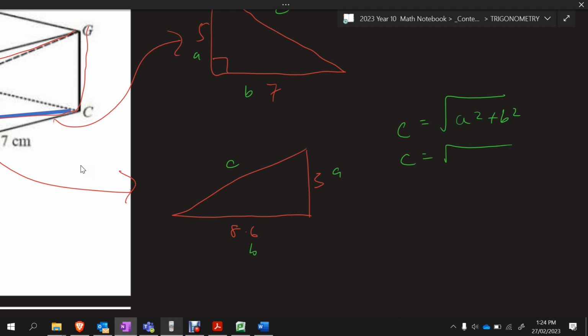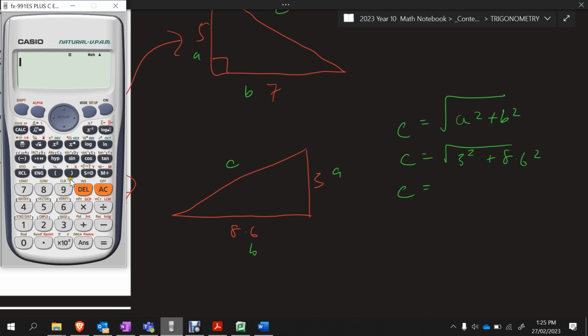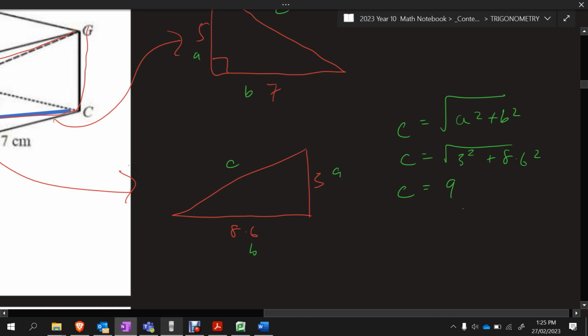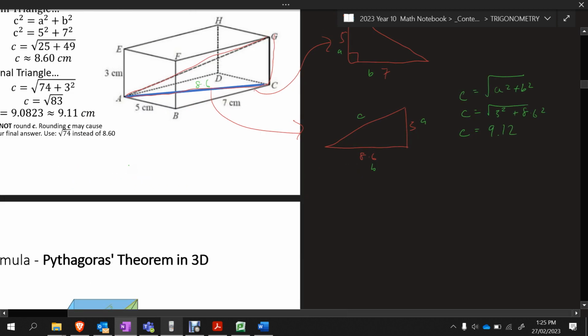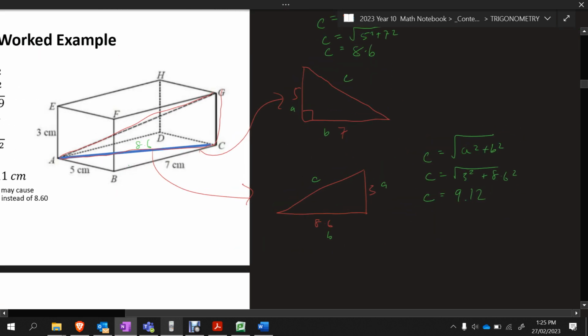So it's going to be 3 squared plus 8.6 squared. 9.12. Okay, 9.12 for that one. Not too hard, yeah?